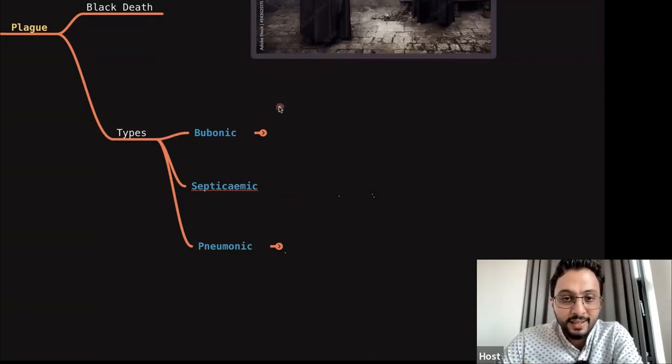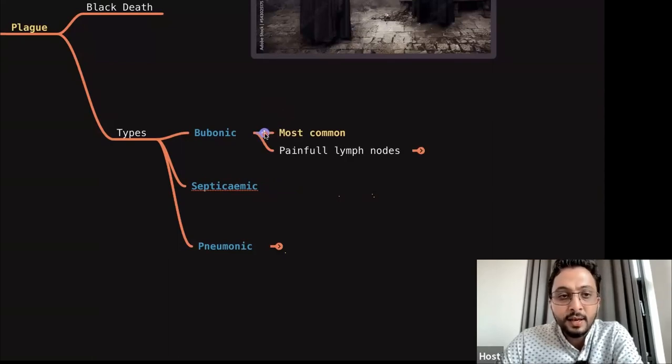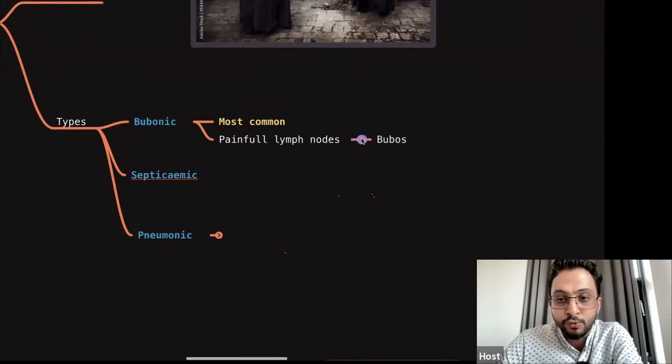What is bubonic? Infection with this bacilli initially begins by infecting the lymph nodes. So you get a painful lymph node, and that painful lymph node is known as buboes. That's why it's called the bubonic type, and it's the most common.